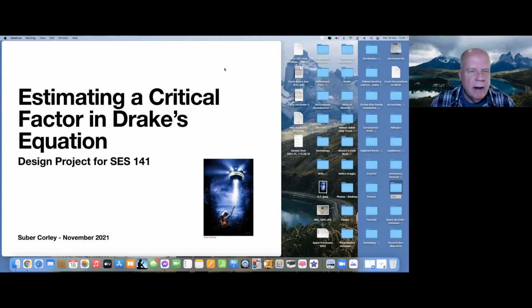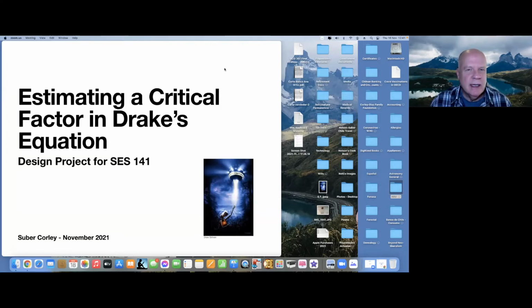Good morning. This is a design project for SES 141, and I understand that the only artistic thing here is the artistic license that I'm taking in referring to this as a design project.